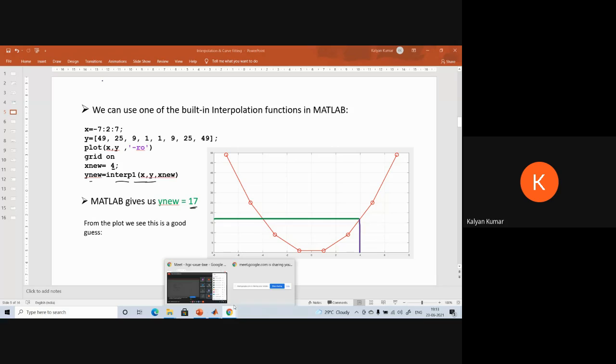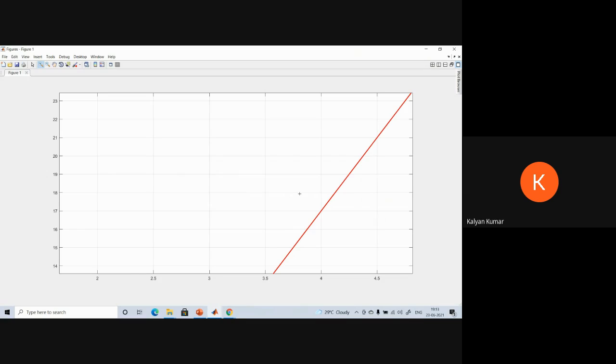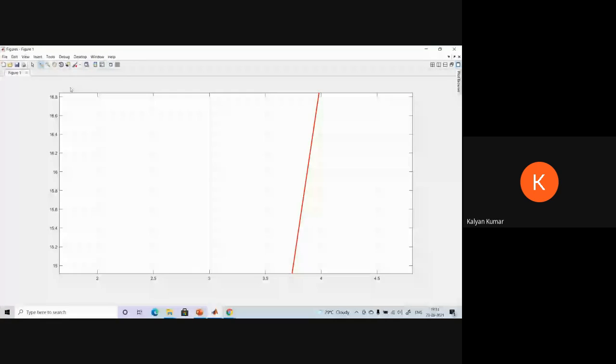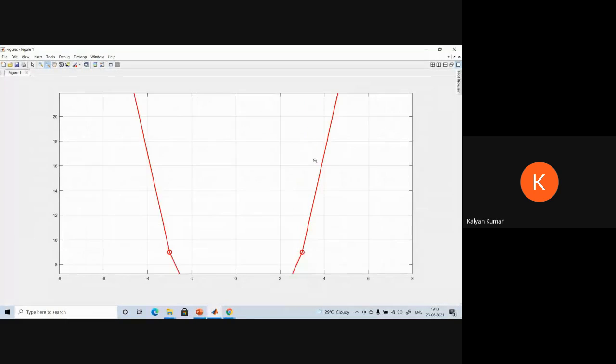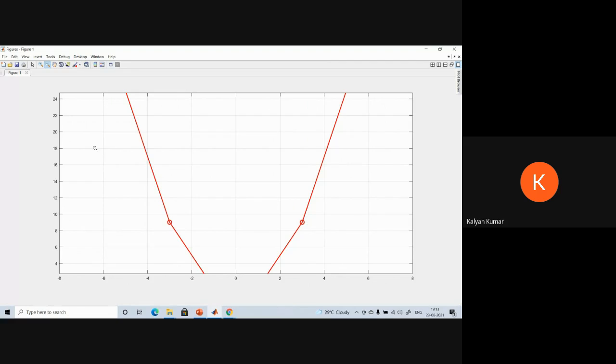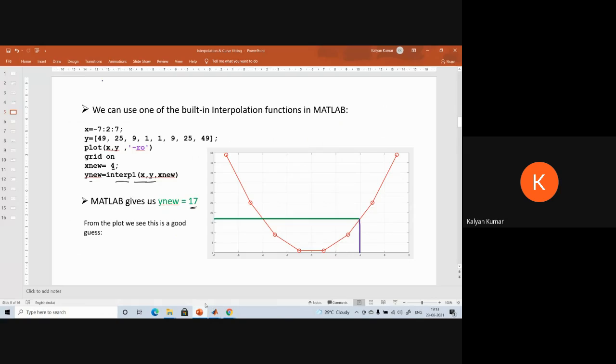The 17 value is the same as in the graph. So the interpolation function computes similar to the linear joining of points.